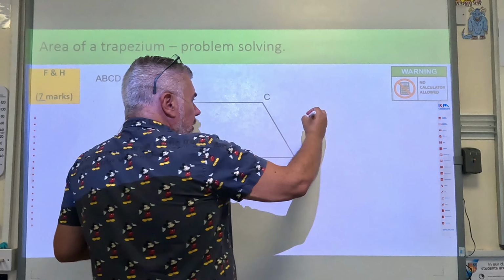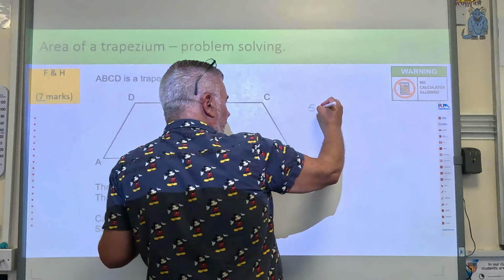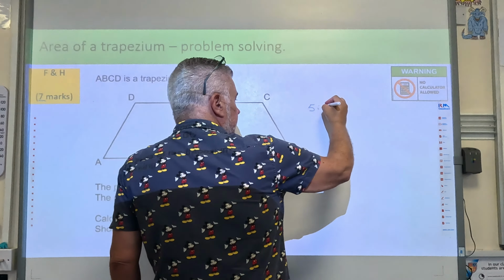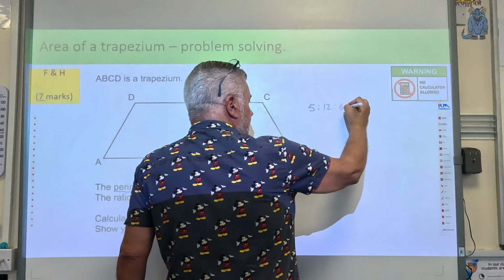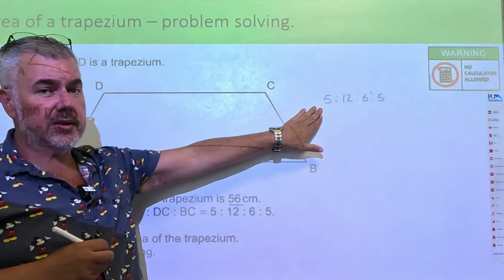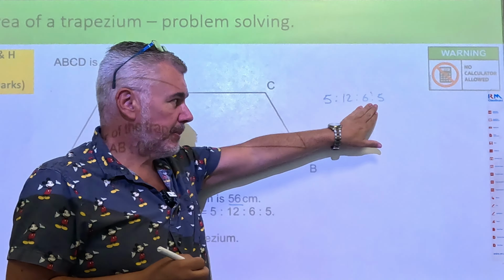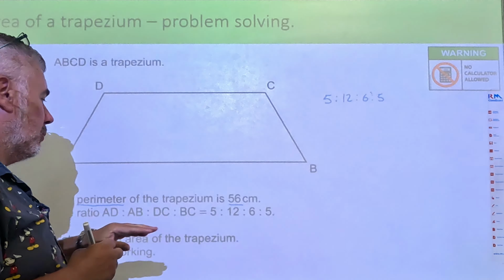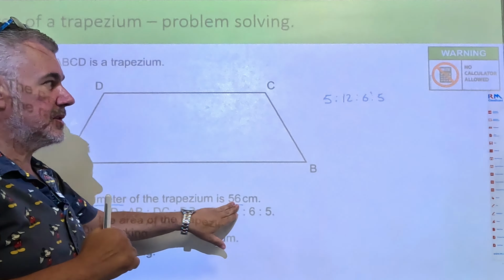We call these parts in maths. It's split into the parts 5 to 12 to 6 to 5. So these 5 parts and these 12 parts and these 6 parts and these 5 parts must sum to 56. They must add up to 56.